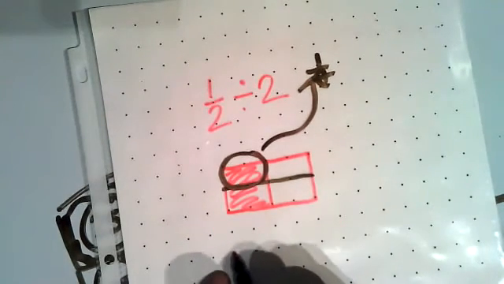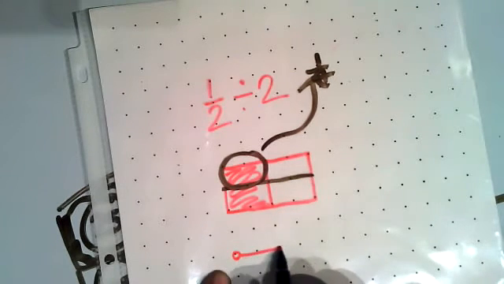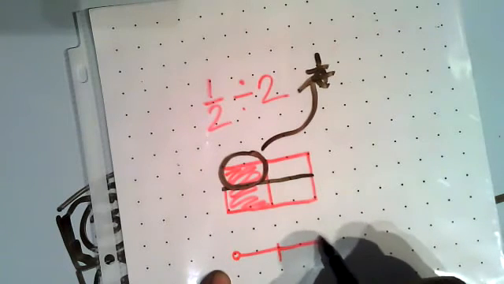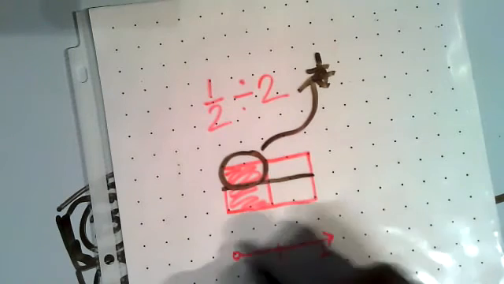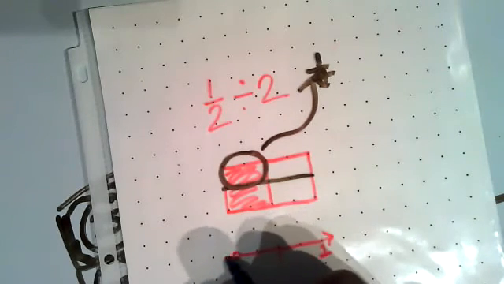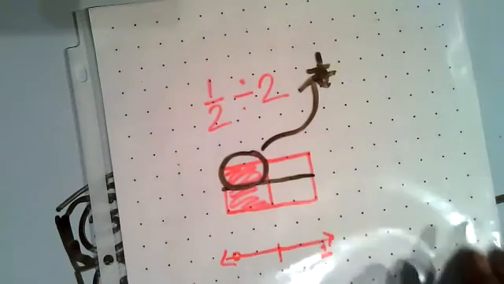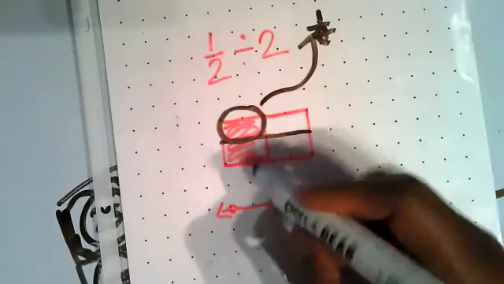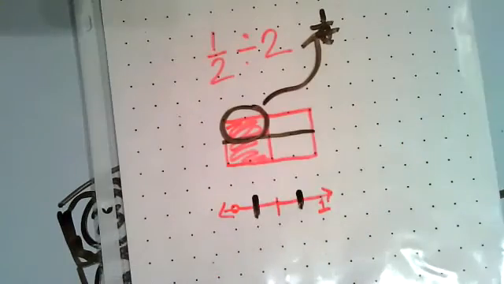So I'm going to make this be 0, and I'm going to use 2 lines to equal a half. 1, that's a half, and that's 2 halves, which of course is going to be 1 whole, okay? You're probably seeing why I'm doing this, because when I get ready to split it, it's easier to split because my lines are already partitioned the way that I need it to be.